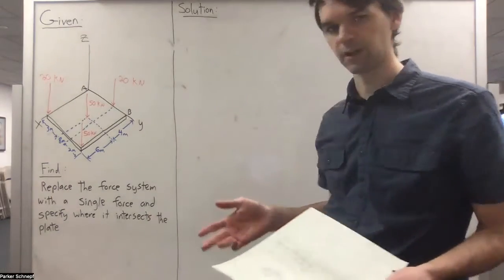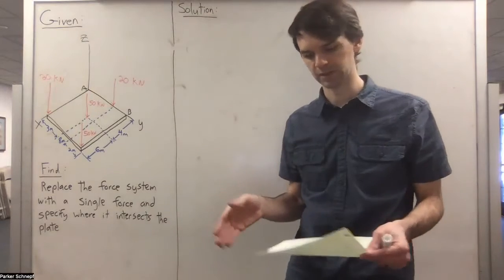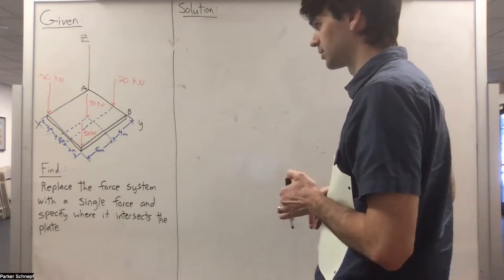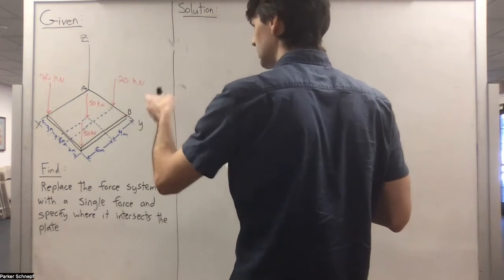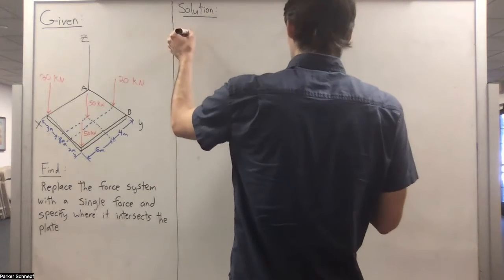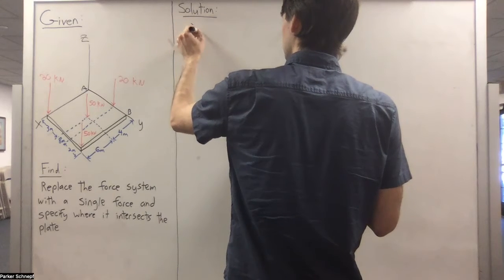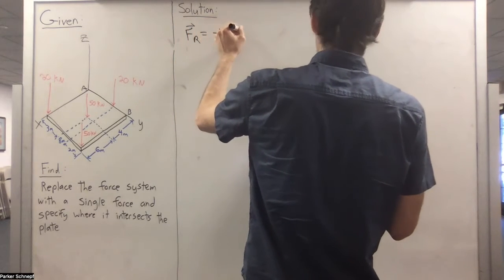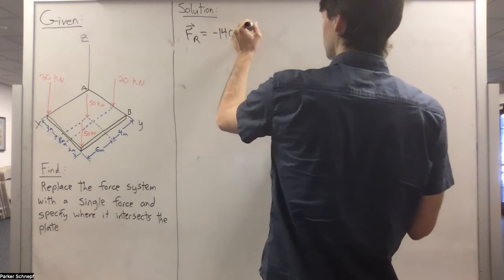Just like with 5.1, first thing we want to do is find the resultant force and the resultant moment. So let's start with that. The resultant force is really easy. They're all in the z direction, so we literally just add them up. You don't even need your calculator for that: the resultant force is minus 140 kilonewtons in the z direction.